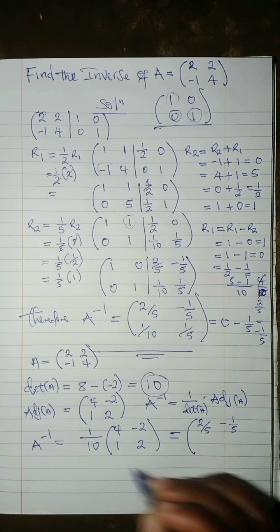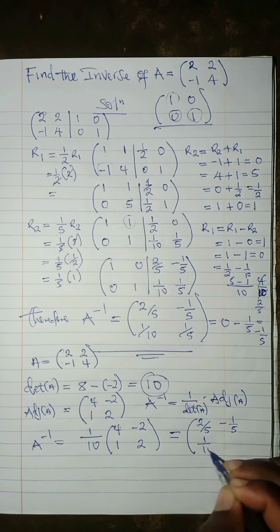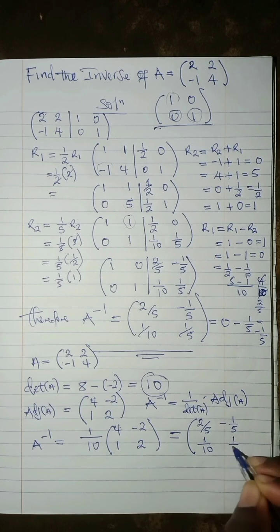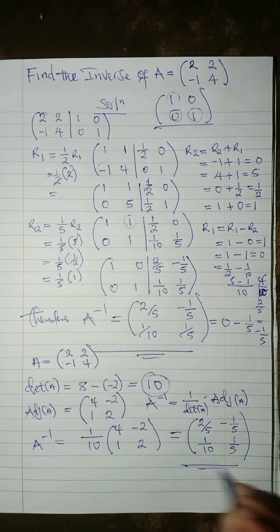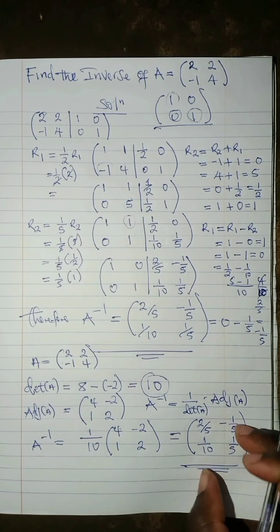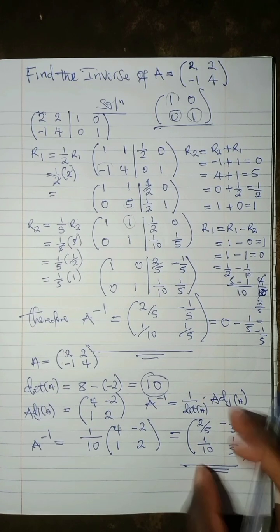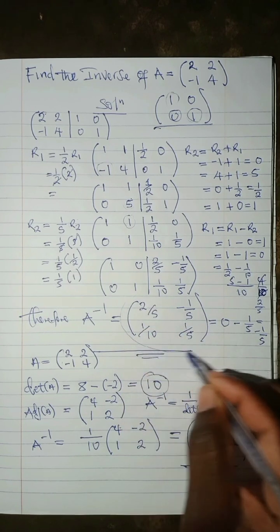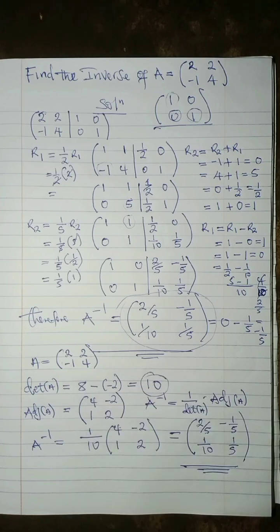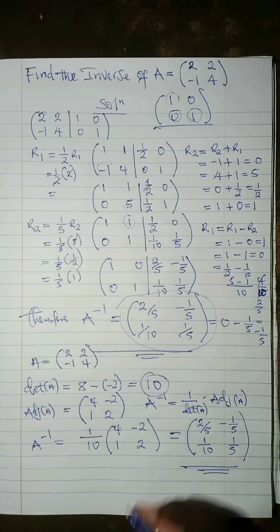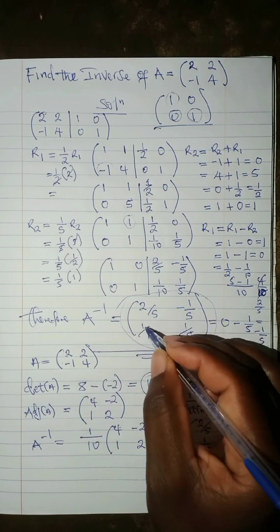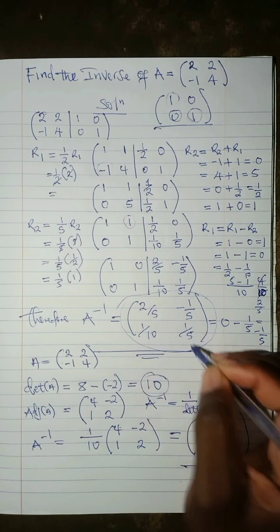Here, 1 over 10. Here, 1 over 5. When you see properly, this is the inverse using the secondary method. And the numbers which are here are equal to the numbers which are there also using the row reduction method. Therefore, our inverse of matrix A is 2 over 5, -1 over 5, 1 over 10, and 1 over 5 there.